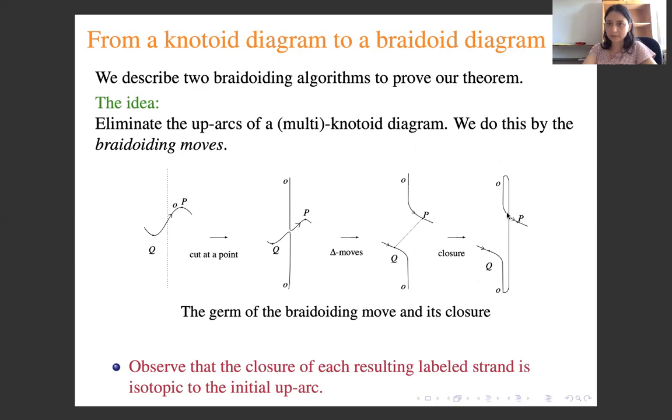We can apply the Reidemeister 1 and then the planar isotopy to turn it back to the initial arc. So this is the main idea of braidoiding moves, braidoiding algorithms. And we observed that if we eliminate an up arc of a multi-knotoid diagram in this way, the closure would result in an isotopic object to the initial up arc.